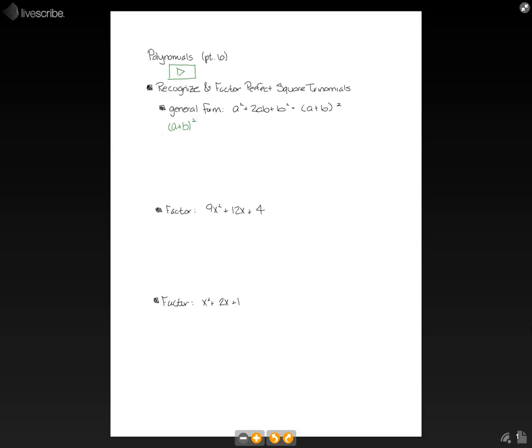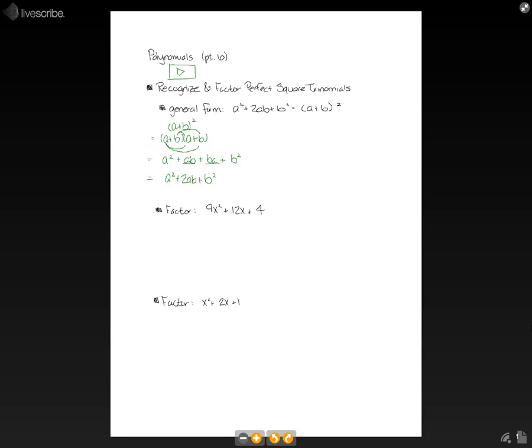We know that a plus b quantity squared can be rewritten as a plus b times a plus b, and then we can use FOIL to do the first terms, which is a squared, plus the outer terms, which is ab, plus the inner terms, which is ba, plus the last terms, which are b squared, which when we simplify, since ab and ba are the same, gives us a squared plus 2ab plus b squared. So as you can see, this is how all of these equal each other, which is ultimately how this relationship came about.